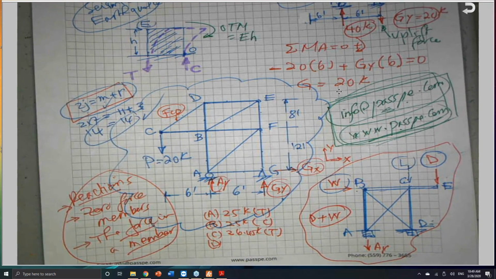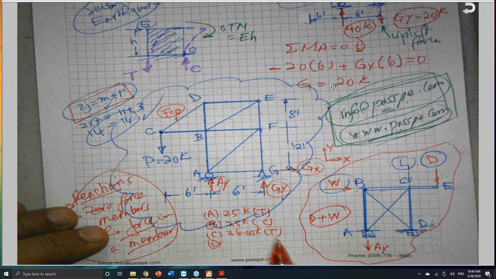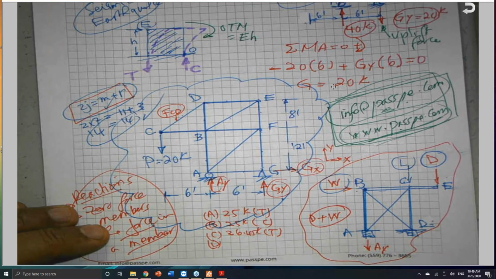Okay, this is another answer. I have another 25 tension. So far two answers of 25 tension and one of 26.45 tension.